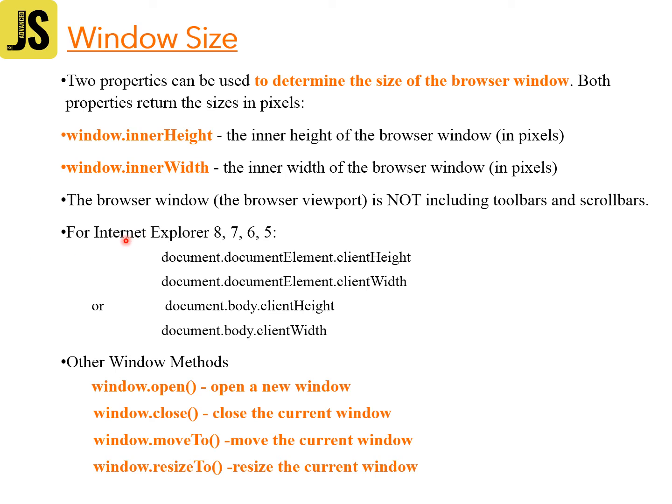For Internet Explorer 8, 7, 6, 5, we can access the browser height and width using statements like document.documentElement.clientHeight and document.documentElement.clientWidth, or the same thing can be written as document.body.clientHeight and document.body.clientWidth.